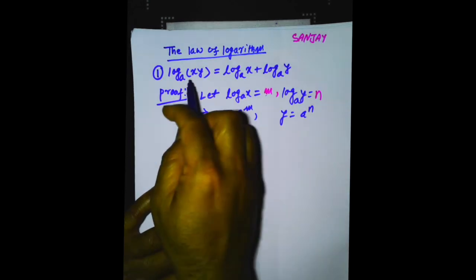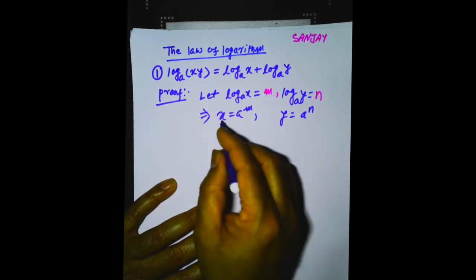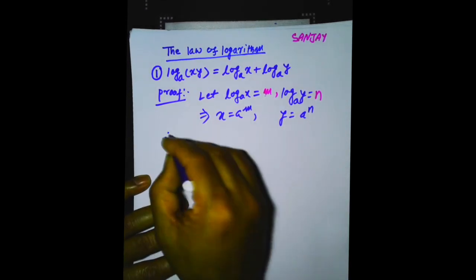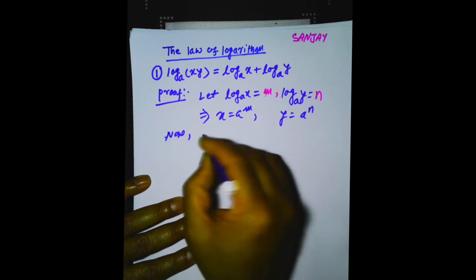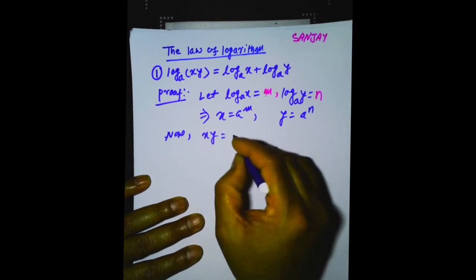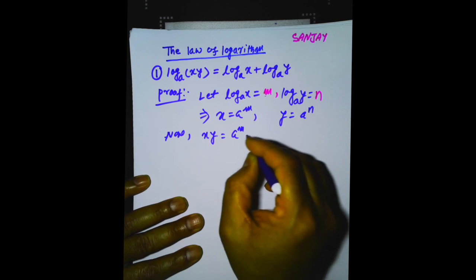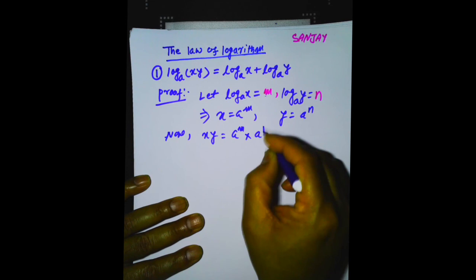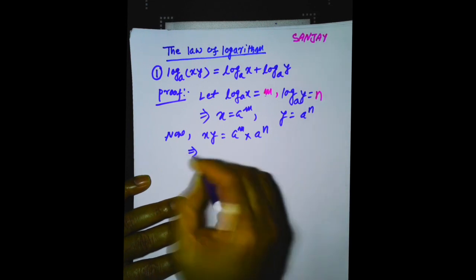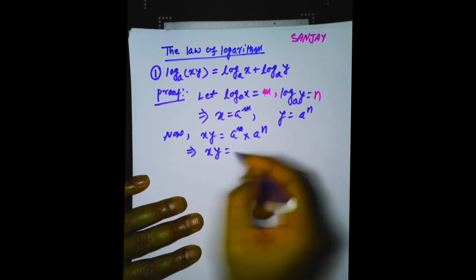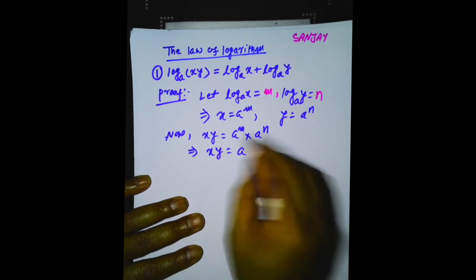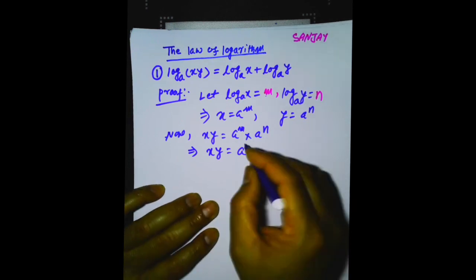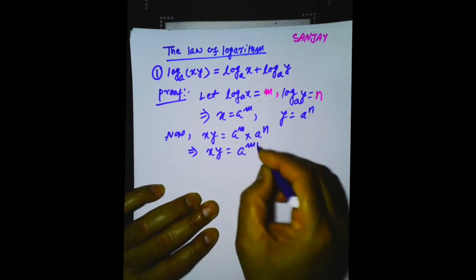Now as you see, we are dealing with the product rule, so we shall take the multiplication of x and y. Therefore we have x times y equals a to the power m times a to the power n, so xy equals, as the bases are the same, the powers get added, so a to the power m plus n.